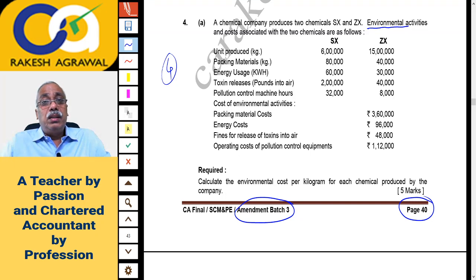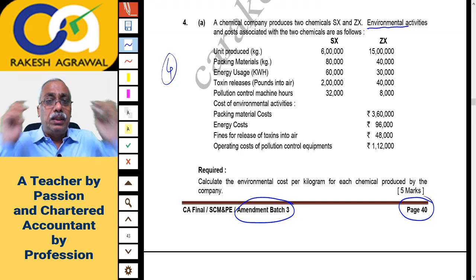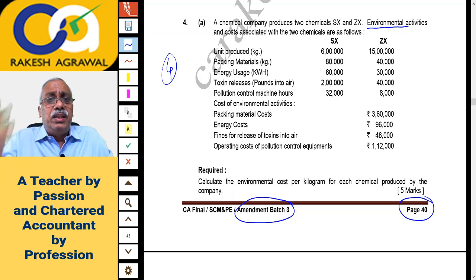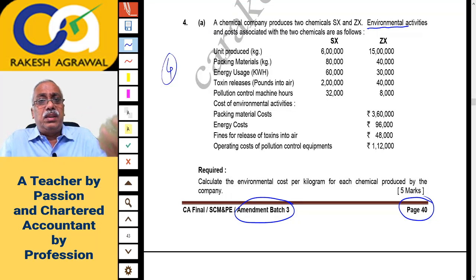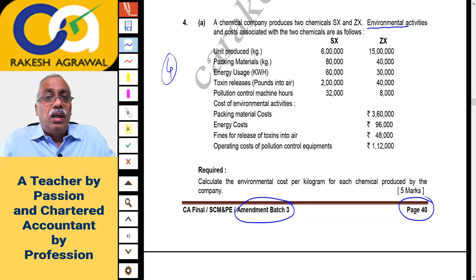Energy usage in kWh is 60,000 and 30,000. Toxin releases in pounds into air, that is the amount of toxic waste released into air, is 2 lakh and 40,000. Then pollution control machine hours is 32,000 and 8,000.